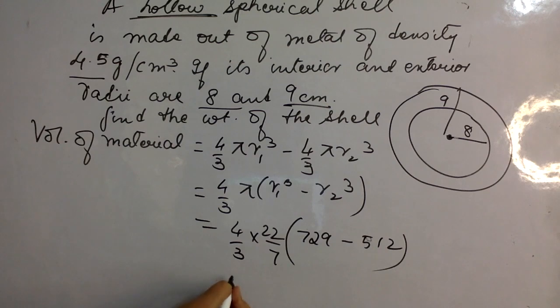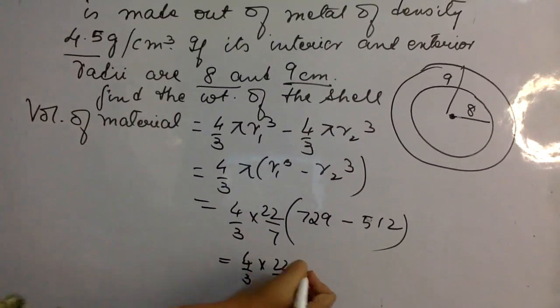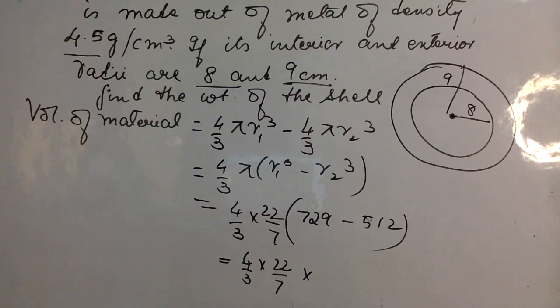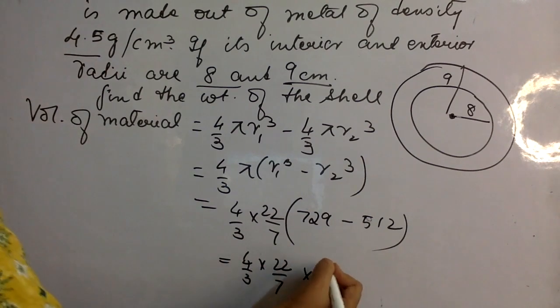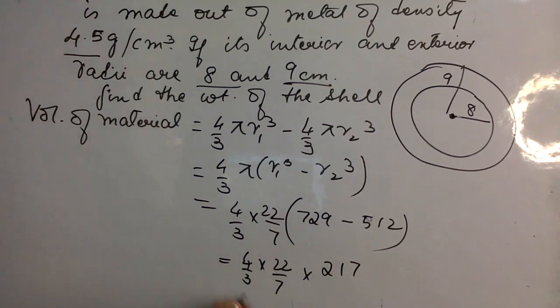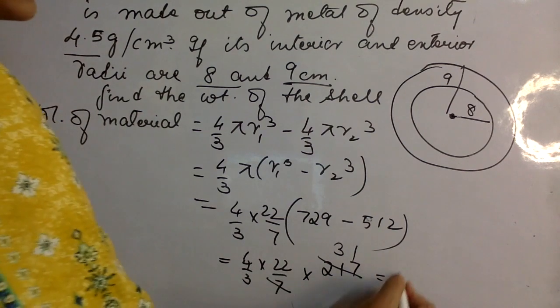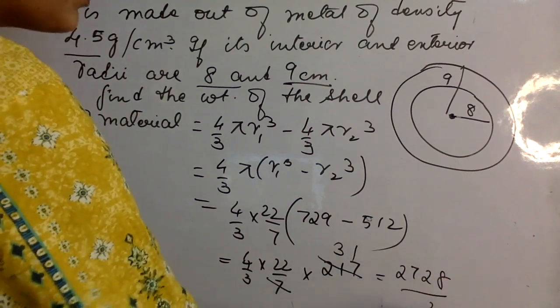So here how much do we get? 4 by 3 into 22 by 7, and then on subtracting we get 217. Okay, now this goes by 7 clearly, 31, right? So if we multiply the numerators, we get 2728 by 3.